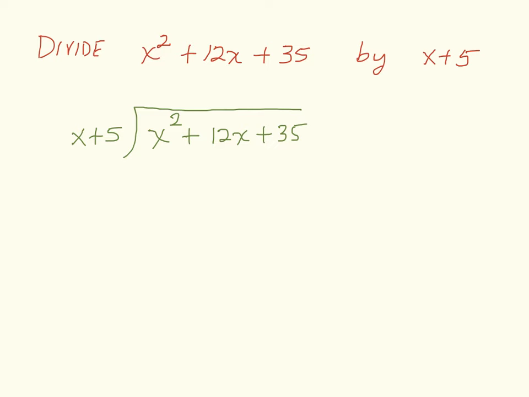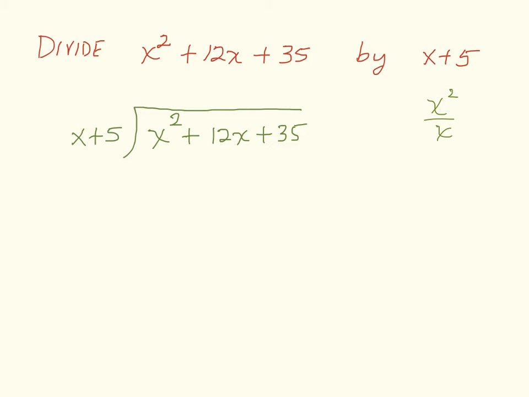So what we do is we look at this x right here. We divide x into x squared. We say, forget about the 5 for right now, but look at x and divide it into x squared. So in your mind, what you're saying is, watch on the right of the screen, what is x squared divided by x?